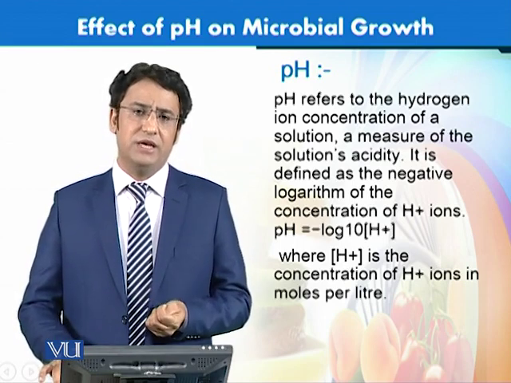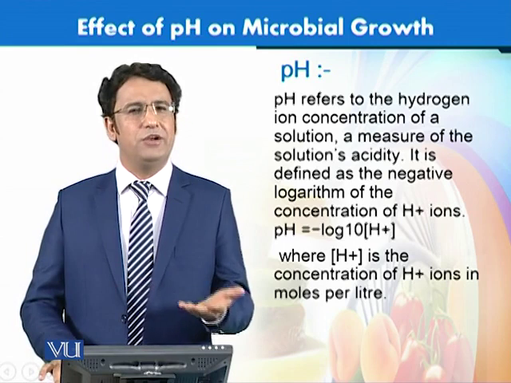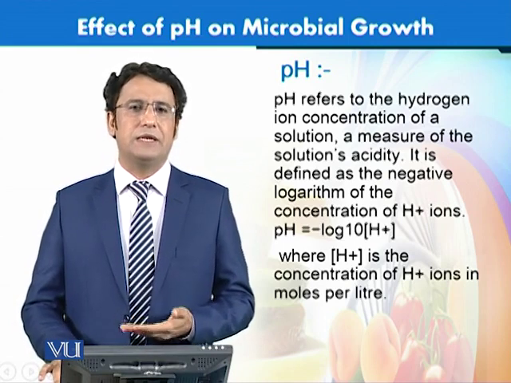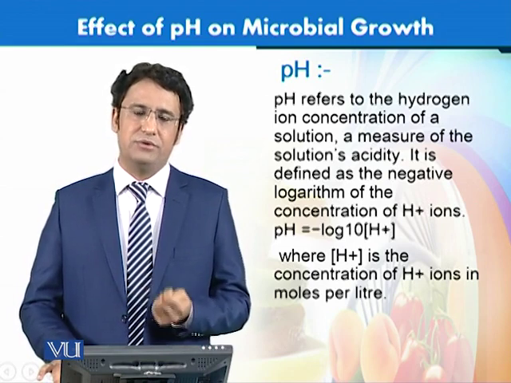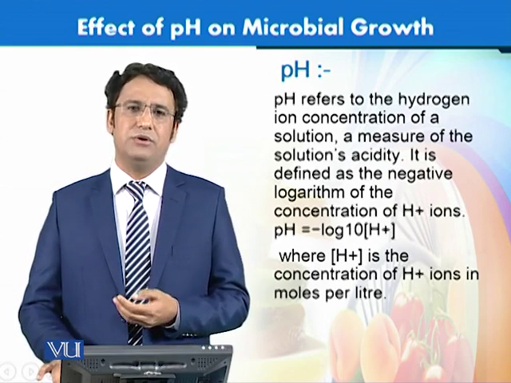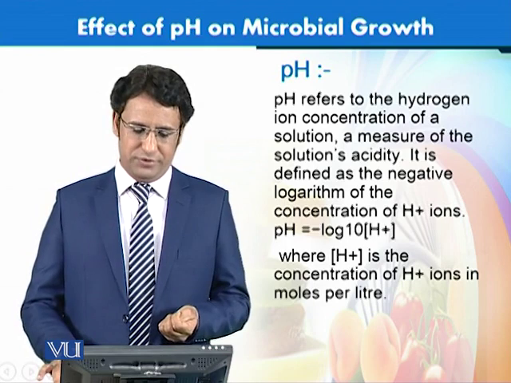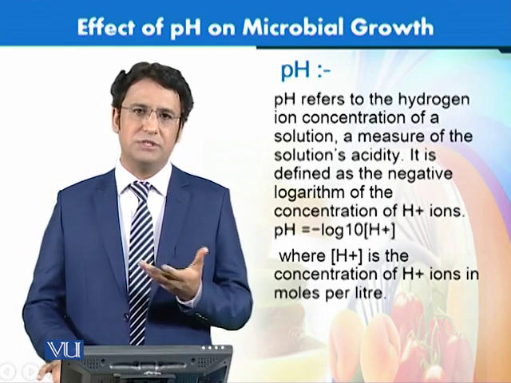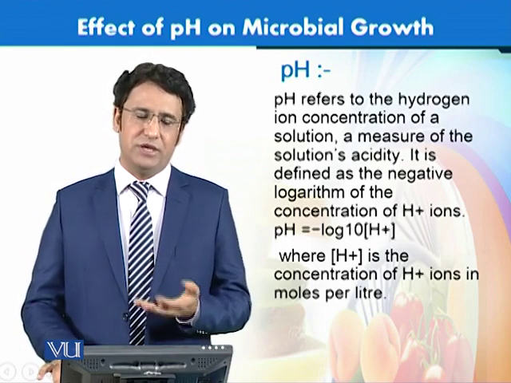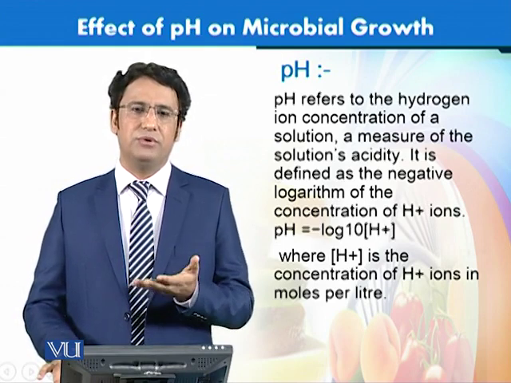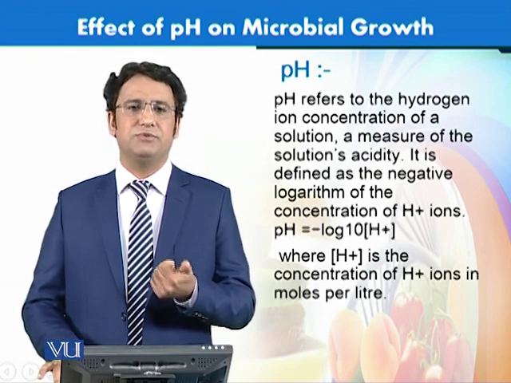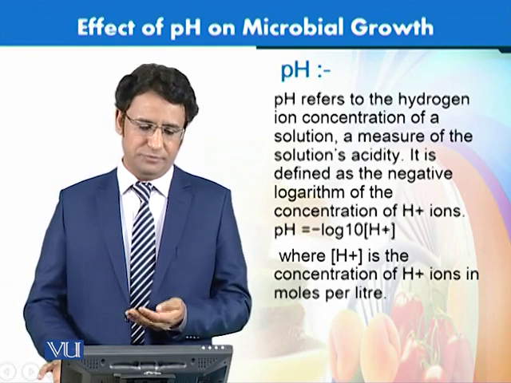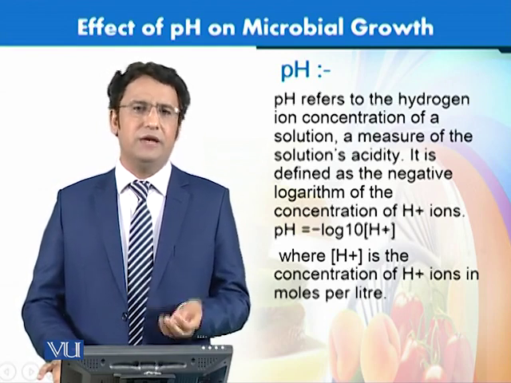In other words, this can be linked with the acidity or alkalinity of food, and that has an effect on the growth of microorganisms or the range of growth of microorganisms in a specific food. And that is why we would see that certain kinds of food would be spoiled by certain species of microorganisms and not others.